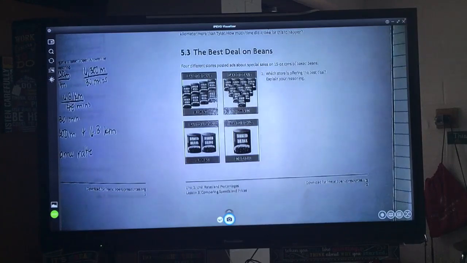Because if it was a 2 for 3, then it's 1 for 5. And the one that's 10 cans for $10 is like $1 for 1, so it would be about 80 cents.